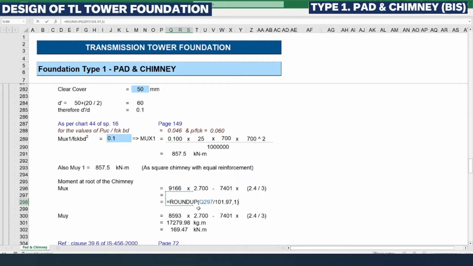We multiply it by 9.81 divided by 1000, or directly divide by 101.97, and we get 184.7 kilonewton meter.